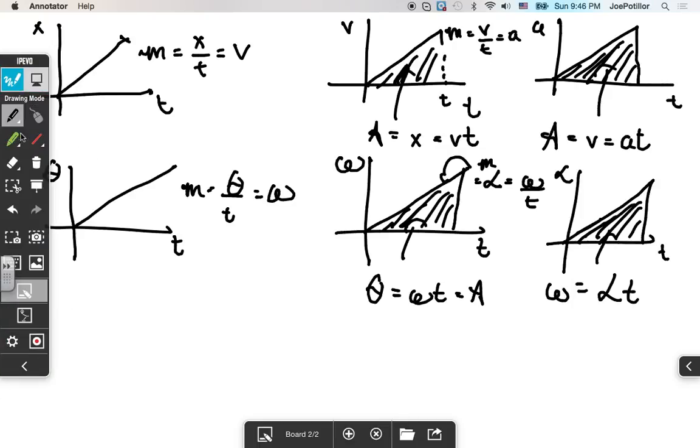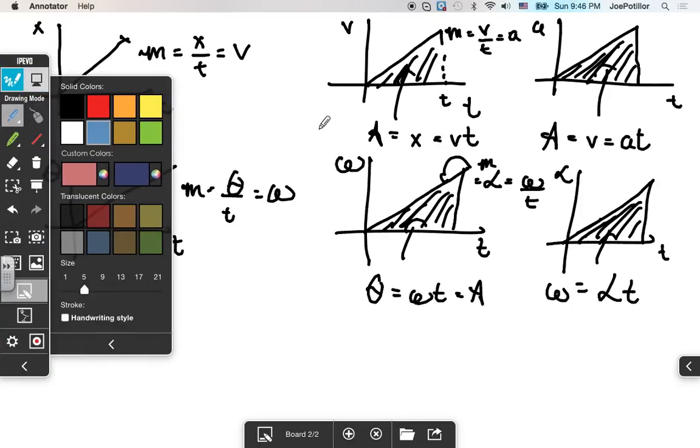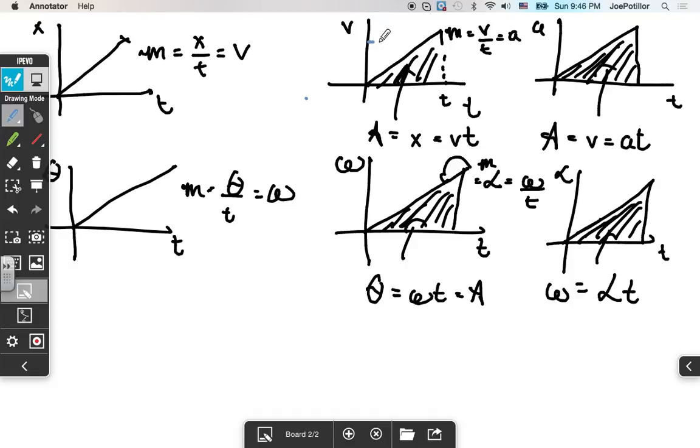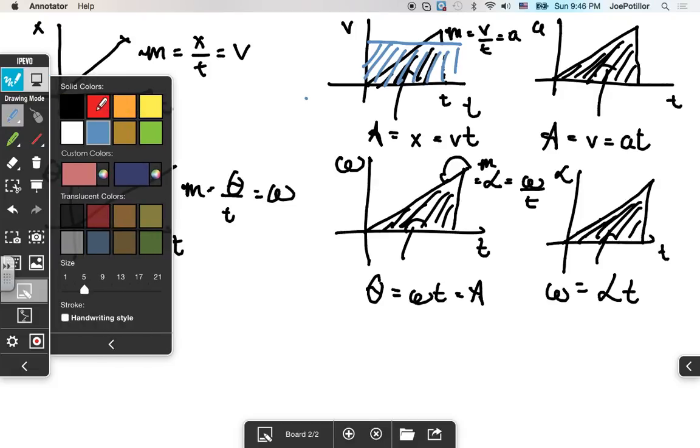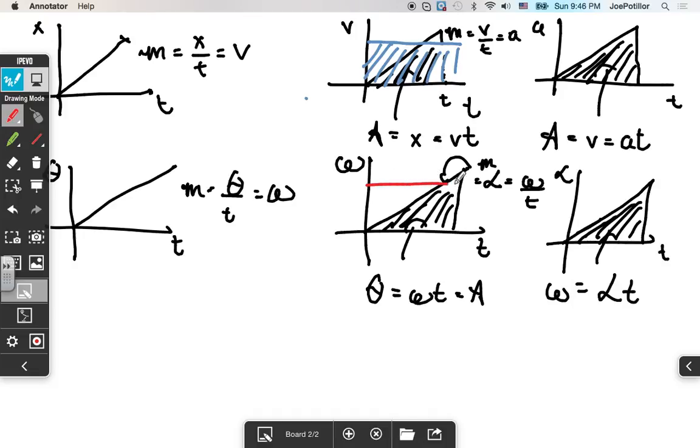Let's use blue to describe it on the linear time graph, and I'll use red on the angular time graph. Right?